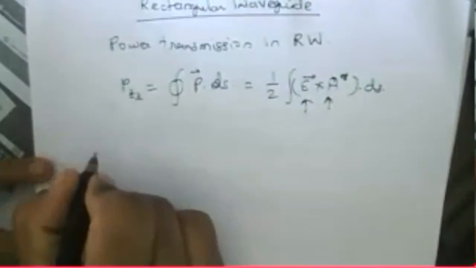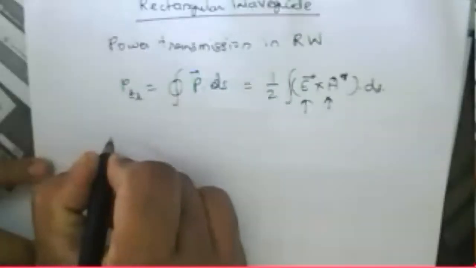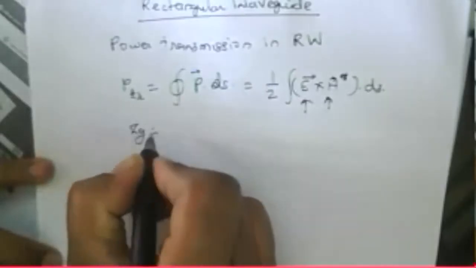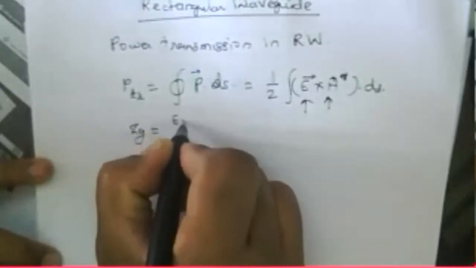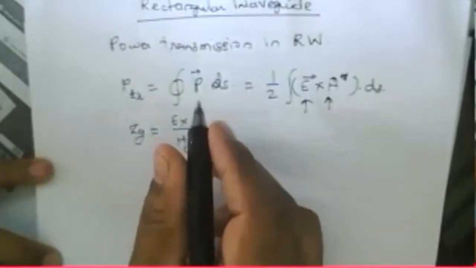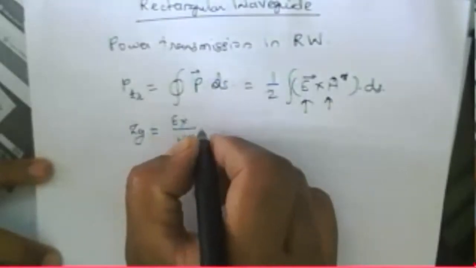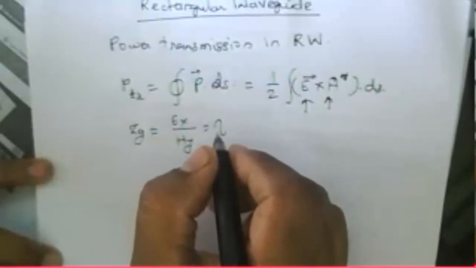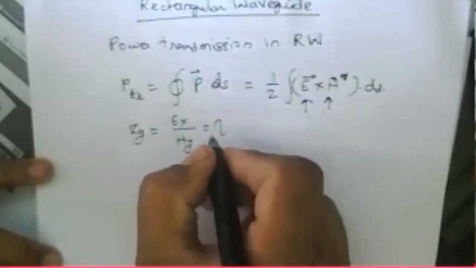Generally, we know that earlier we said the guide impedance is nothing but the electric field component divided by the magnetic field component. So generally it is nothing but eta. Ex by Hy is nothing but eta.